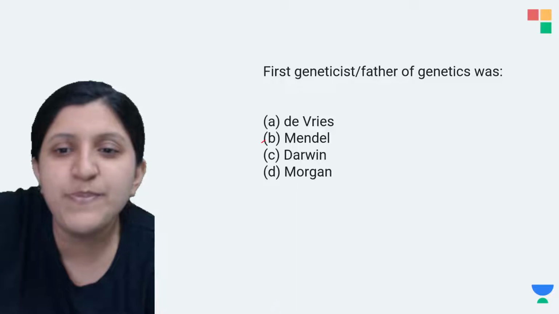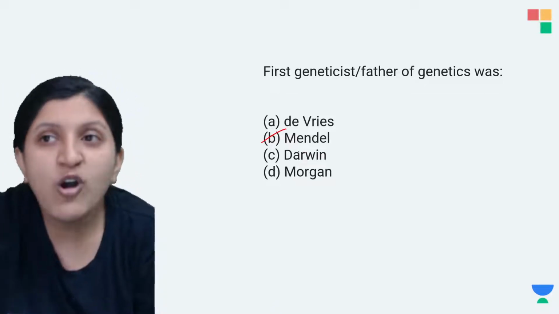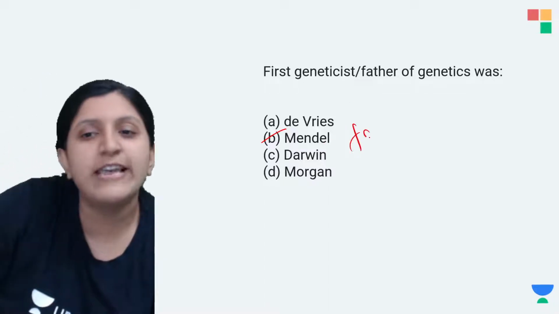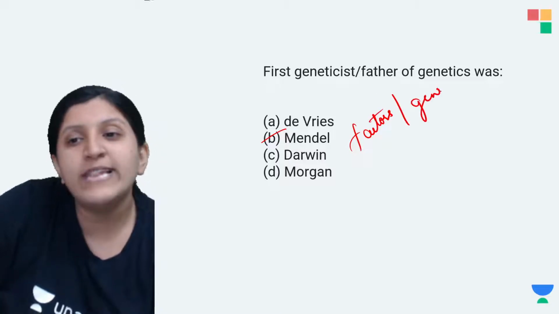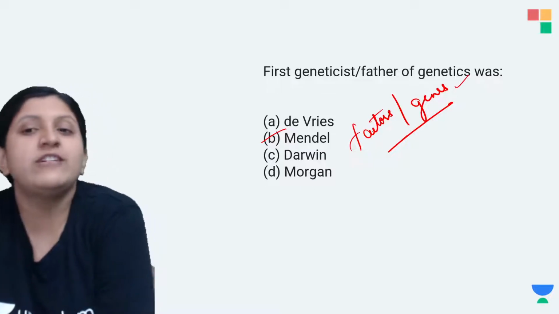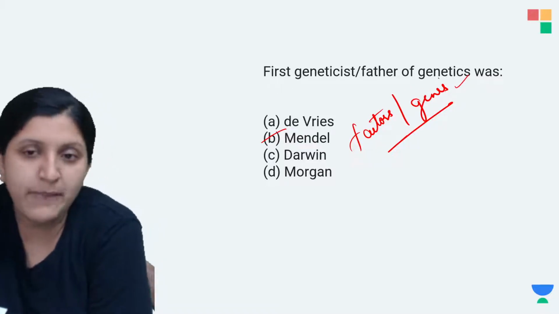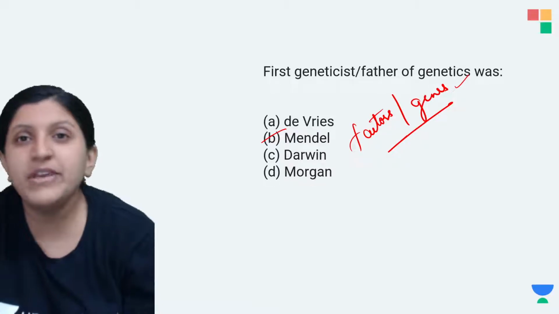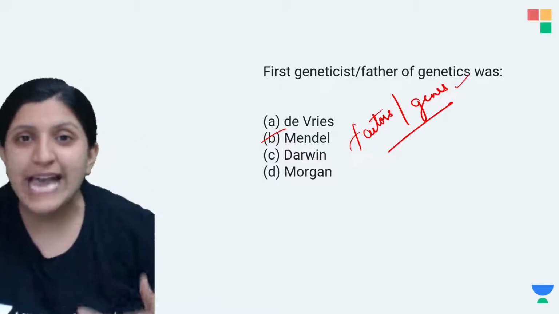So this is Mendel. So Mendel is the father of genetics because he is the one who started about the factors. Earlier he called them factors and now we call them genes. So he studied the gene, but he just used the term factor instead of genes. So he is the one who started giving us, like if this gene combines with this gene, what exactly is the product.